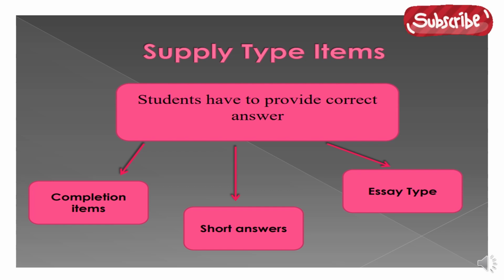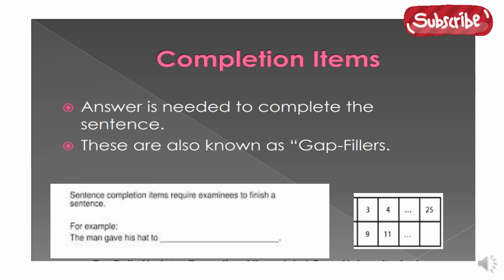There is the supply type item, where the student has to provide the correct answer, like completion item, short answer and essay type. Completion items are those where an answer is needed to complete the sentence. They are also known as gap fillers. So the example is given: a completion item requires the examinee to finish a sentence.